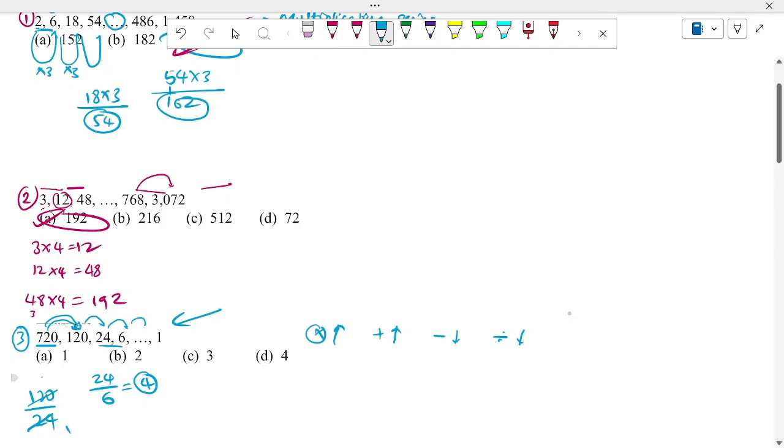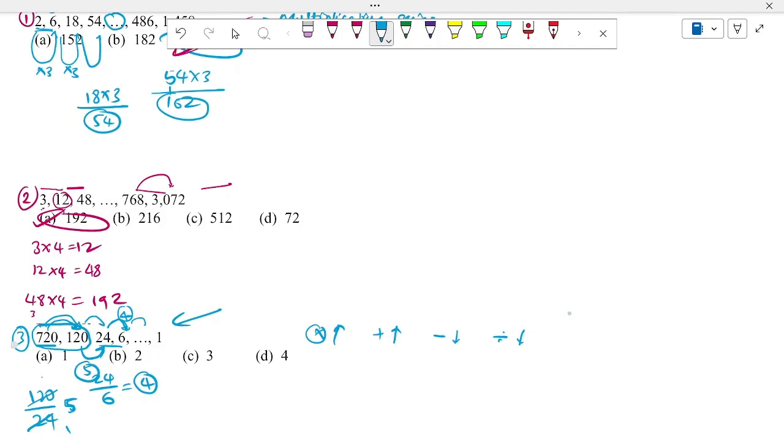Is it 4? It is 5, right. Here when you divide you are getting 4. When you divide this one you are getting 5. You just check when you divide this whether you are getting 6 or what.